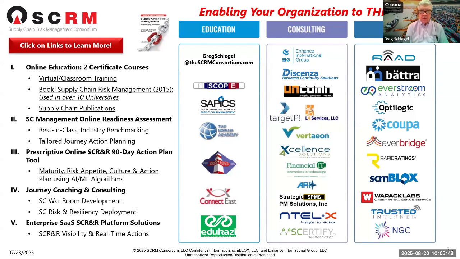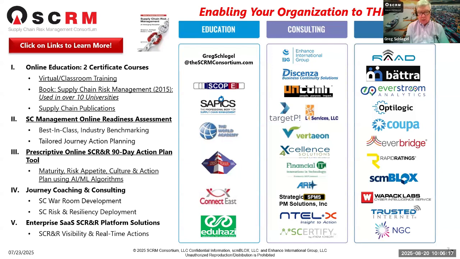On the left-hand side, we have 5 offerings, more or less. We have 2 certificate courses online. You can take them. One is for manufacturers and the other is for public health care service organizations, and you receive a certificate at the end of the course. We have an online readiness assessment, supply chain online readiness assessment. That first tier is free. You can go on the website and evaluate your supply chain process maturity for free.